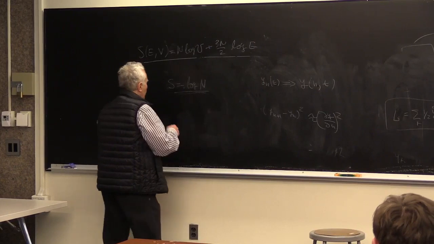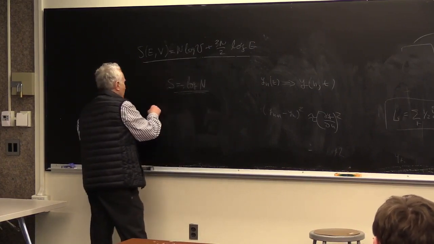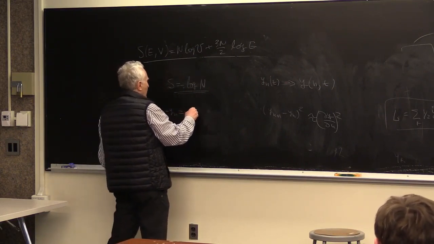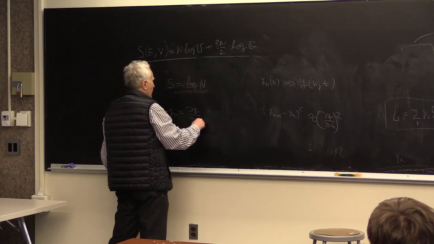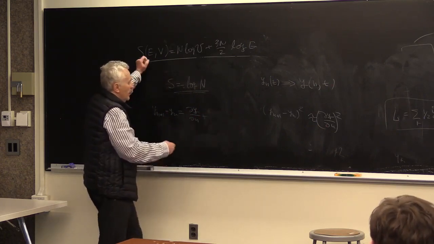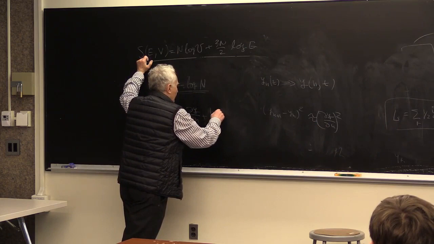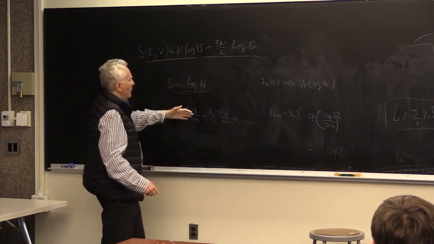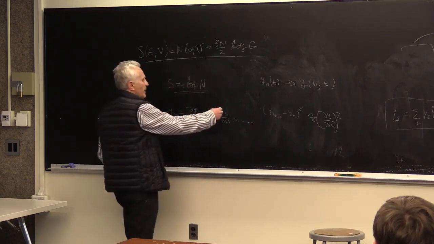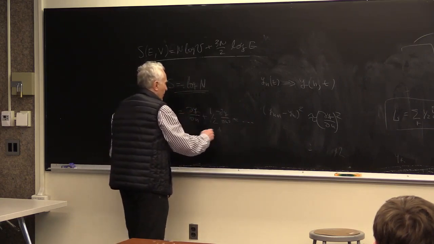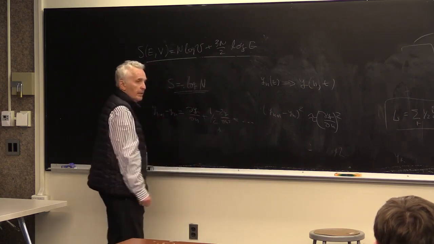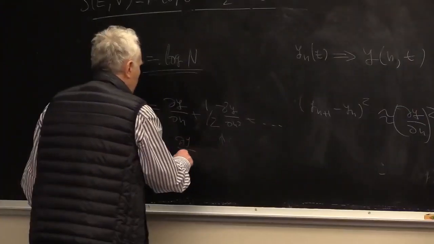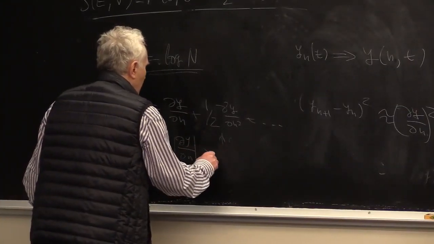Or we can actually argue: we have dy/dn plus, if we keep expanding it further, so one form of the condition is simply that this term is small, that dy/dn is much larger than this.